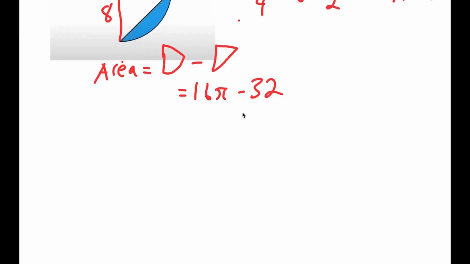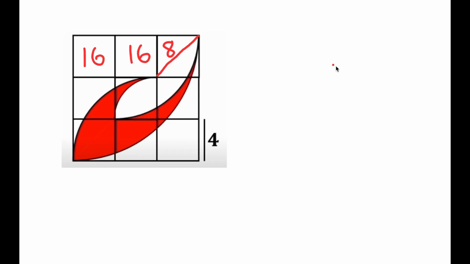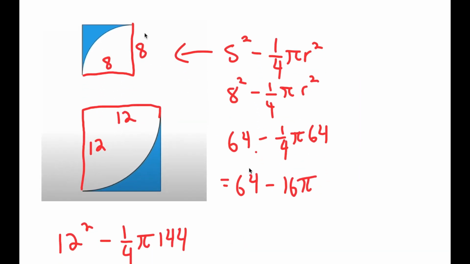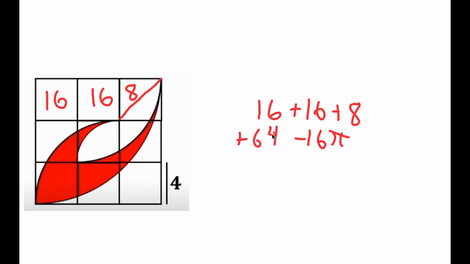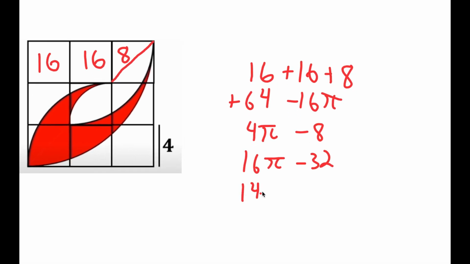So we have over here 16 plus 16 plus 8, which is the area of these two squares and this half square, plus 64 minus 16 pi, which if we go back is the area of this, plus 4 pi minus 8 plus 16 pi minus 32, and finally plus 144 pi minus 36 pi.